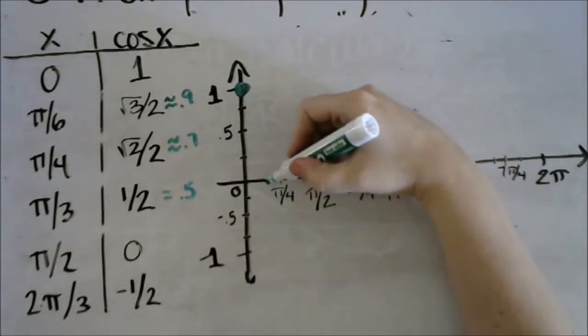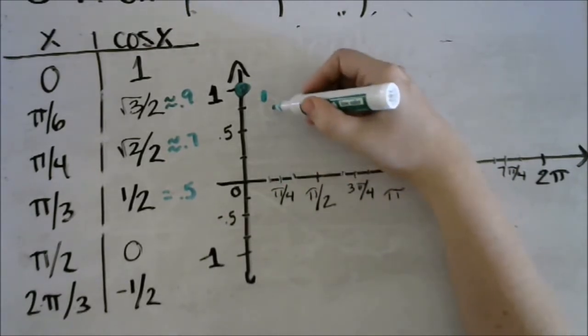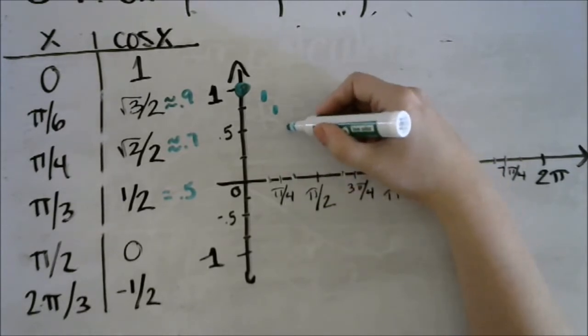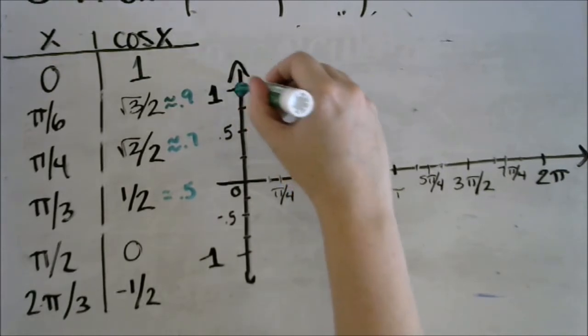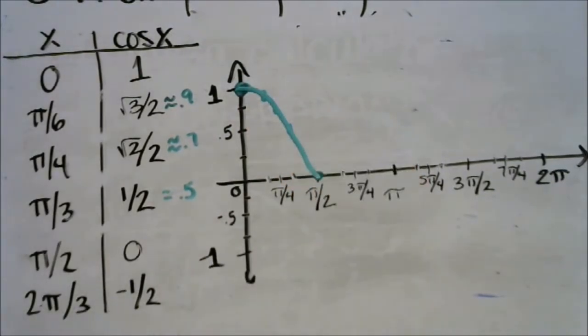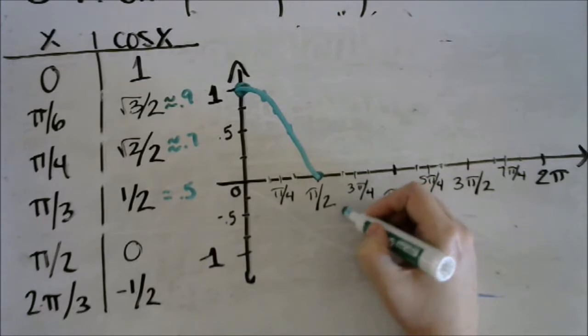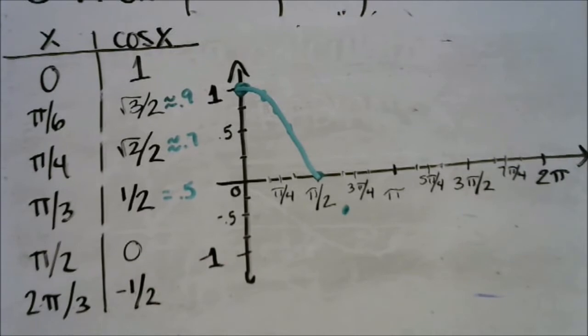So at pi 6, we need to be about 0.9. At pi fourths, we need to be about 0.7. By pi thirds, we're exactly at a half. And by pi halves, we've hit 0. Connect your dots in a continuous curve. I do have the first value into quadrant 2, which is 2 pi thirds, comma, negative 0.5. And now I'm going to start over and complete the cosine curve.